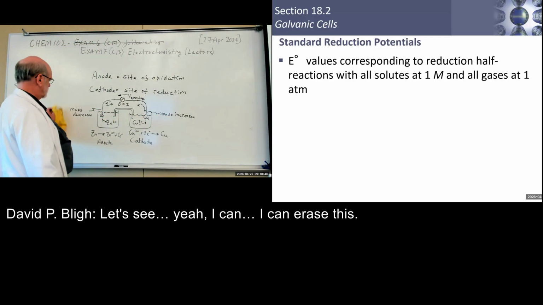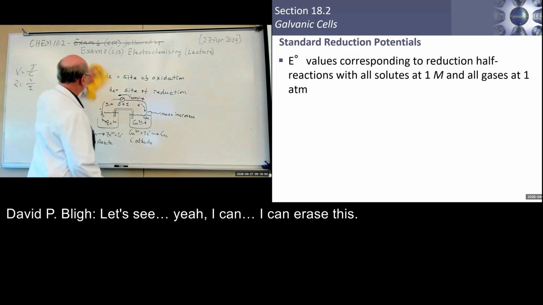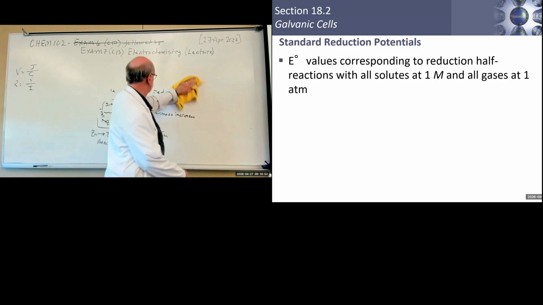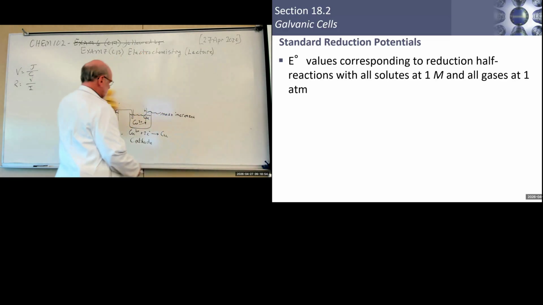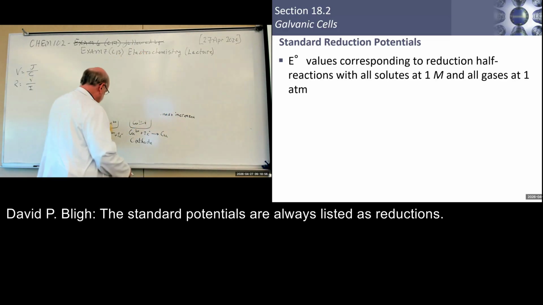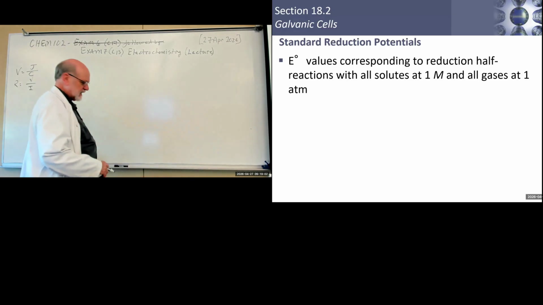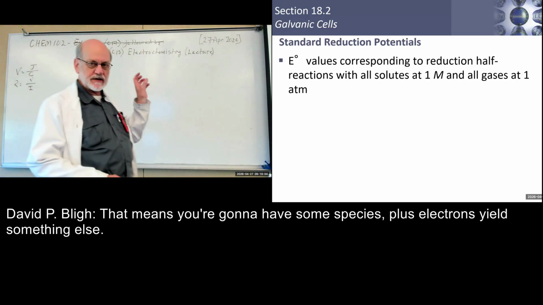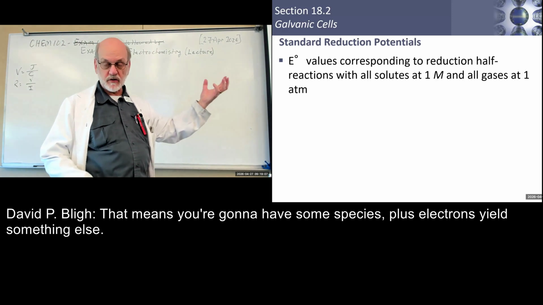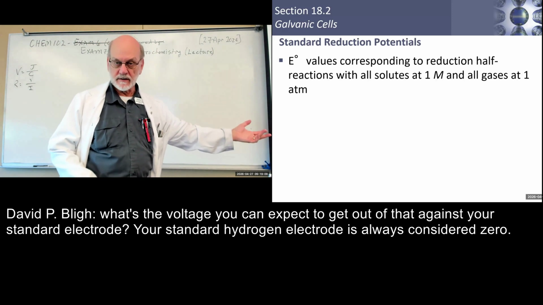Let's see. Yeah, I can erase this. The standard potentials are always listed as reductions. That means you're going to have some species plus electrons yield something else.